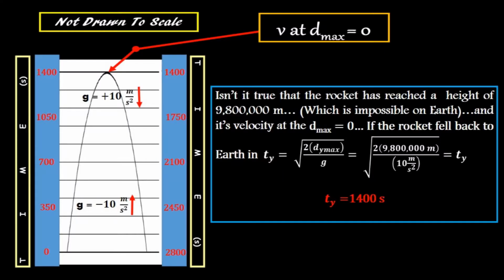Okay, so the rocket has reached a height of 9,800,000 meters, which is impossible on Earth, and its velocity at Dmax is 0. If the rocket fell back to Earth in T seconds, you would plug into those values and come up with 1,400 seconds that it would fall back to Earth.